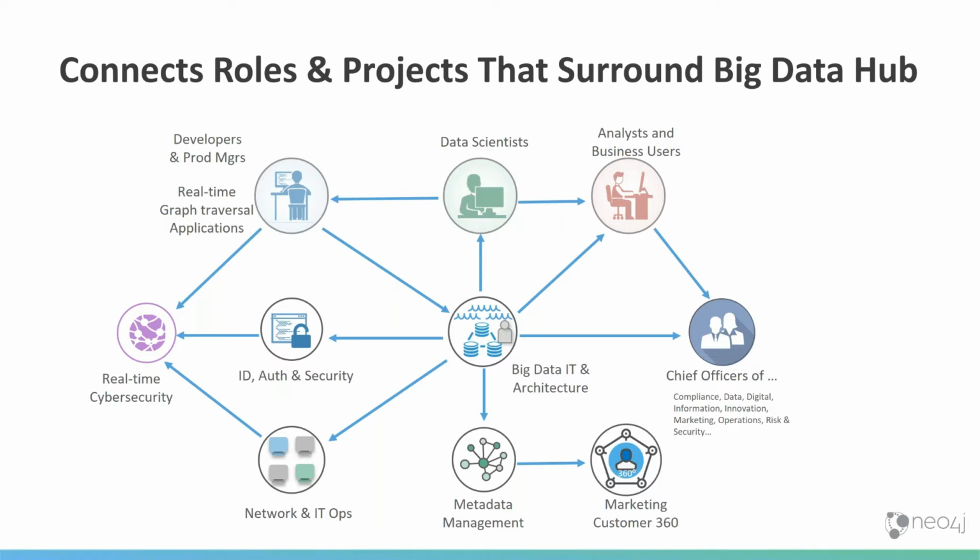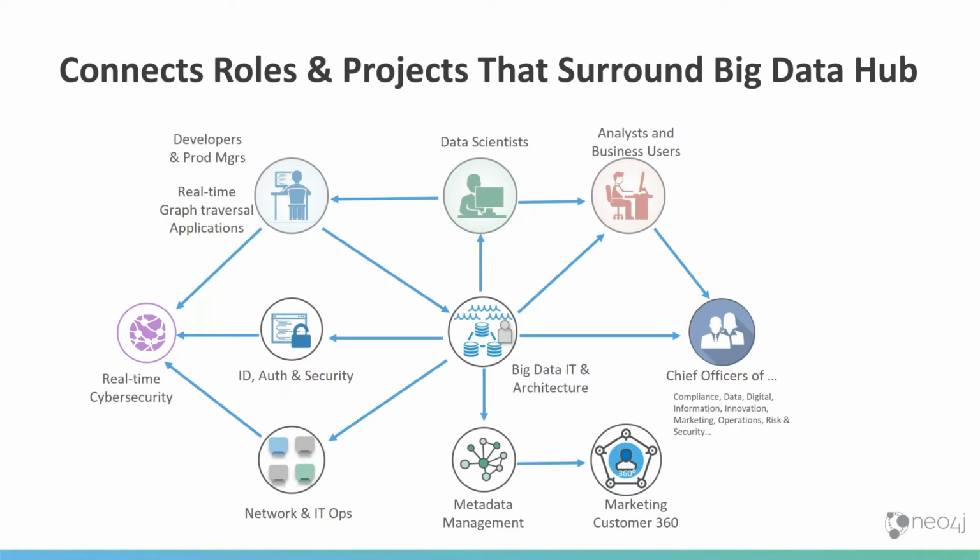Oftentimes they are discovering that they have very graph-oriented problems, and if they apply graph to those problems or to their ideas, they can come up with something really quite impressive in their organization. So much of the goal of this is to identify the number of people in the organization whose needs we can help address, and we'll walk through that as we go through the platform diagram itself, and then keep thinking in terms of the different types of applications that we're deploying right now.